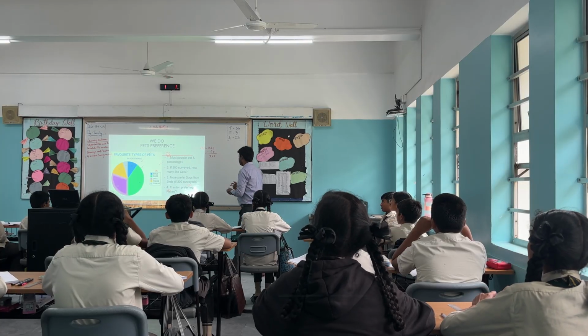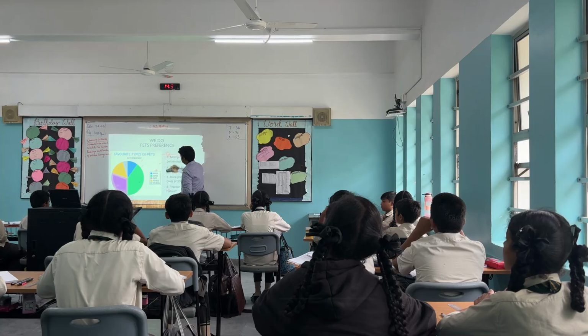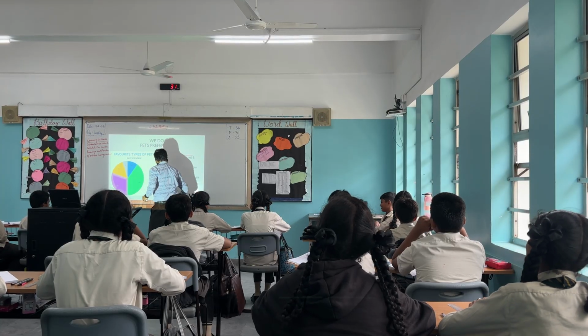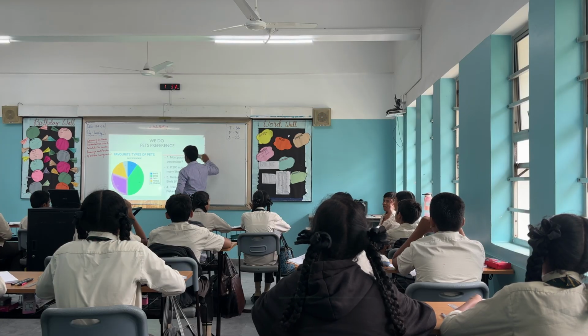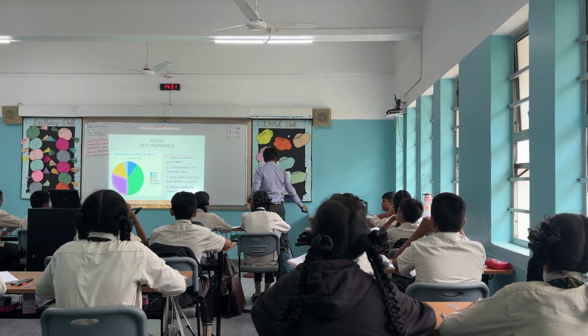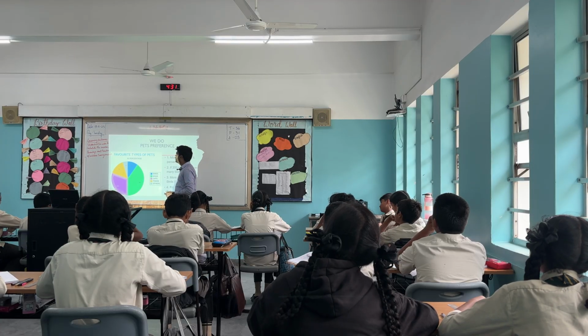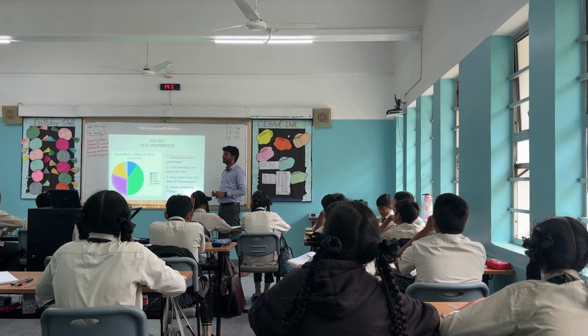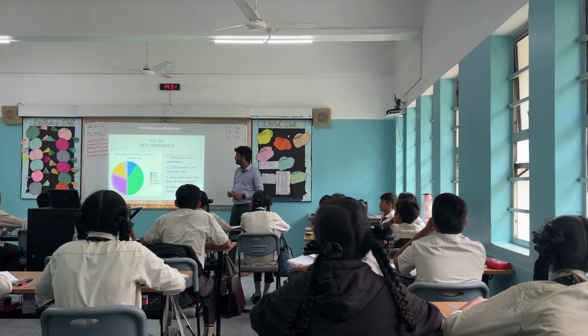Now let us solve this together. One more pie chart. It is about favorite types of pets, and the data has been given in terms of percentages.